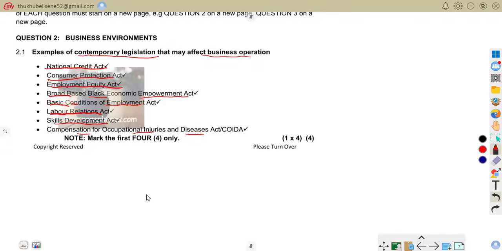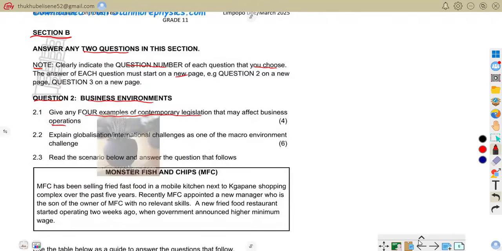So now let us move to 2.2. It says, explain globalization or international challenges as one of the macro environment challenges.